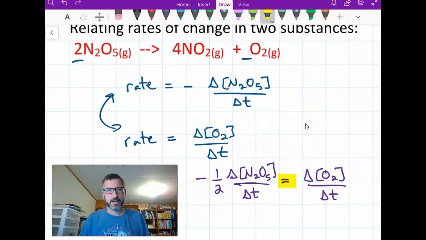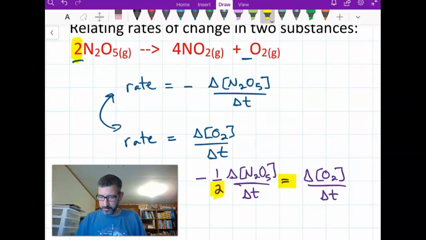Okay, so that is just an expression relating the rate of reaction, the change in concentration of two substances within the same reaction, to each other. And again, I got this 2 in the denominator for the 1/2 from that coefficient.